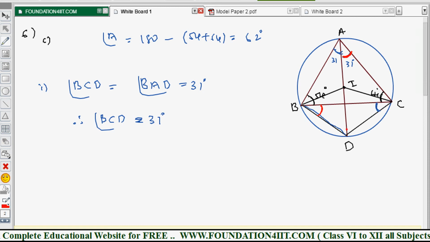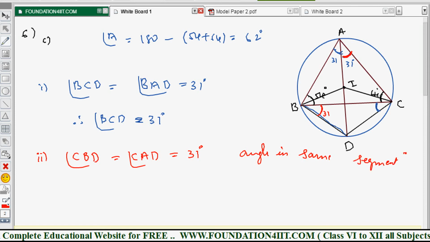So DBC and DAC, angles in the same segment, are equal. So this also must be 31. That means angle CBD is equal to CAD, right? If you observe, angle CAD is also 31 degrees, because angles in the same segment are equal.